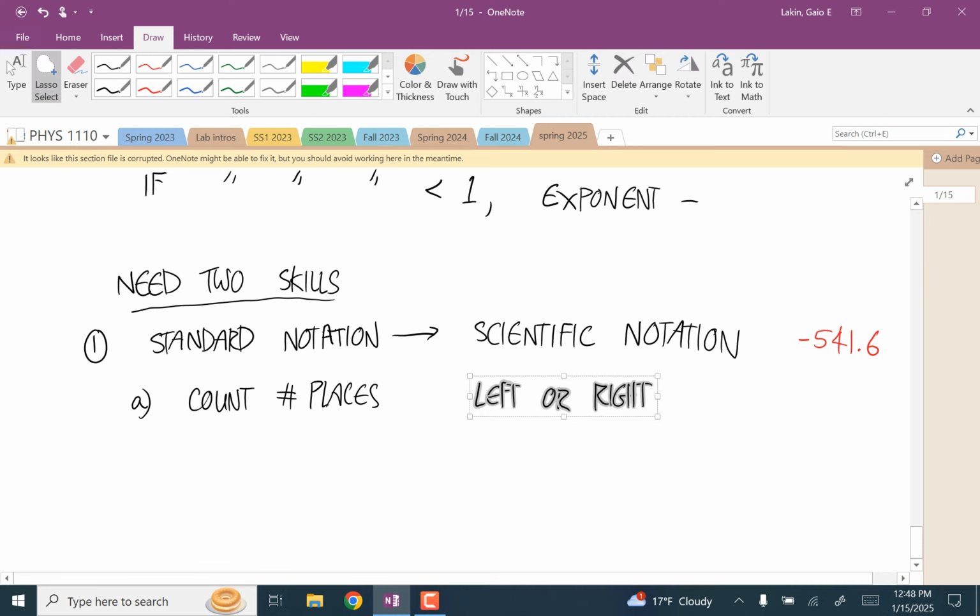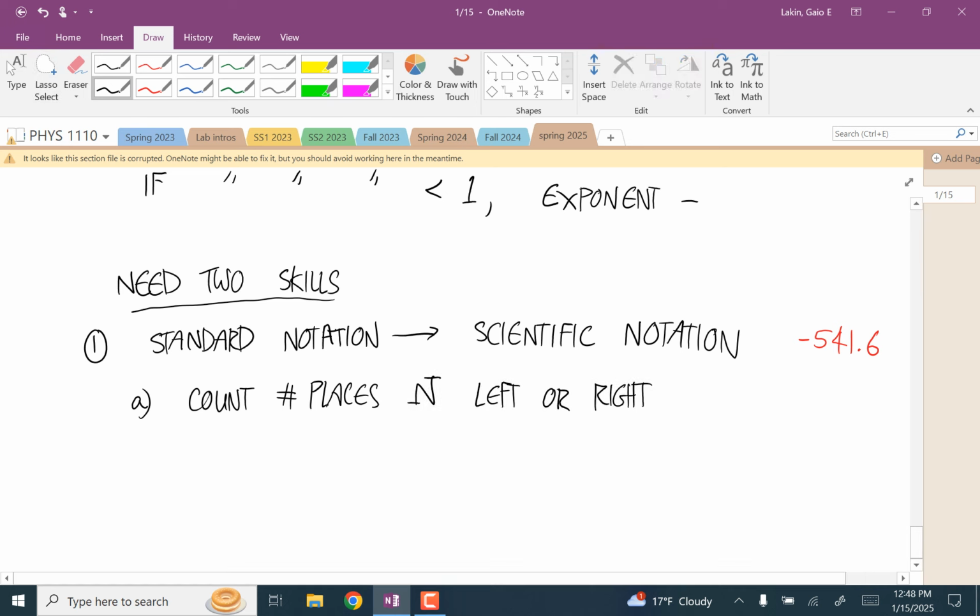Let's call this number of places capital N. So we're going to count the number of places capital N, left or right, that you have to move the decimal point to get one leading digit.